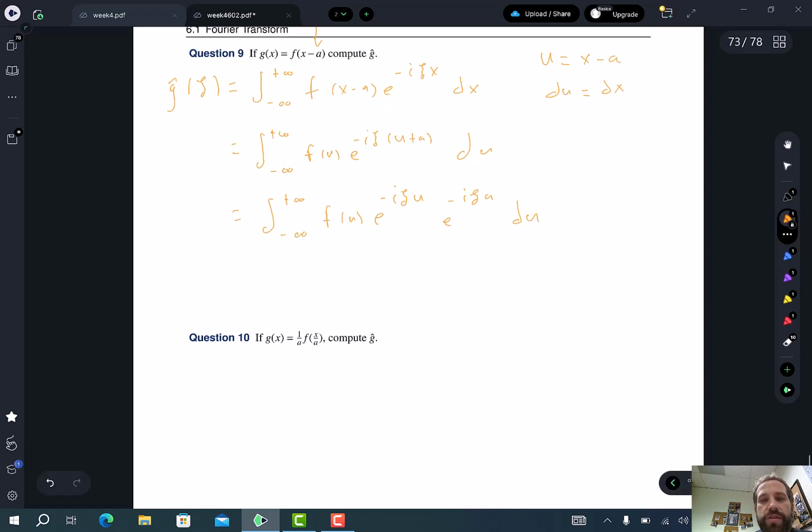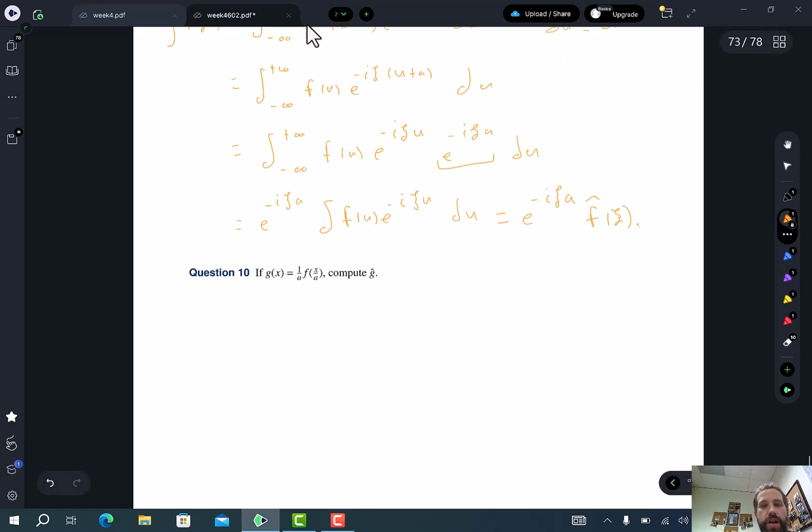Now, as far as u is concerned, this is a constant, and we can pull this out. And what we end up with is this. Okay, but the integral here is just the Fourier transform of f. So this is now e to the minus I c a f hat of c.